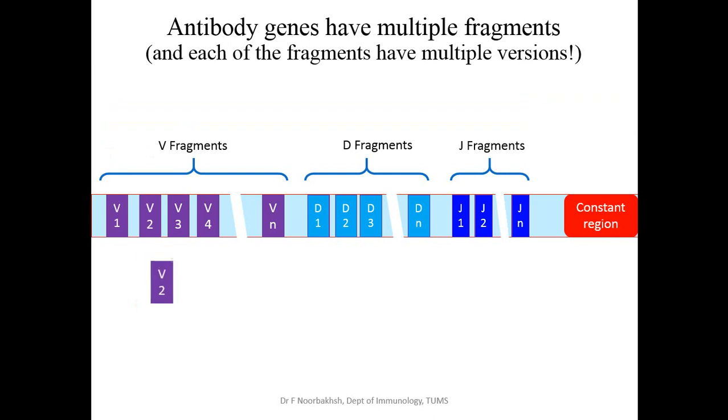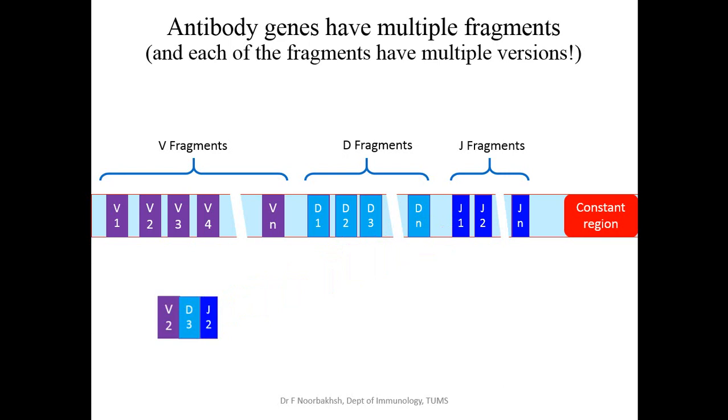Some enzymes, whose action is to perform recombination at the DNA molecule, come and take one of these V's, completely randomly, one of these D's and one of these J's, and put them next to each other. Basically, they cut the part in between, and then they bring the parts on the sides and join them together.